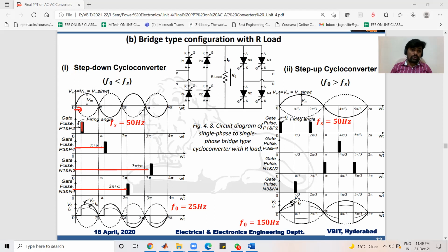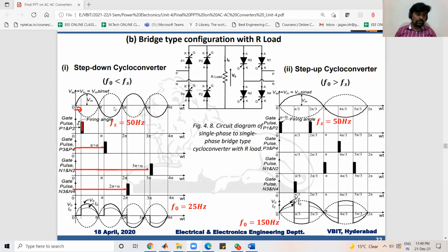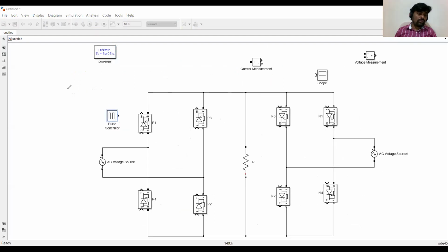I need to take two output cycles, right? As I told you, to complete two cycles at the output side, it requires 720 degrees, and that is for 0.04 seconds.